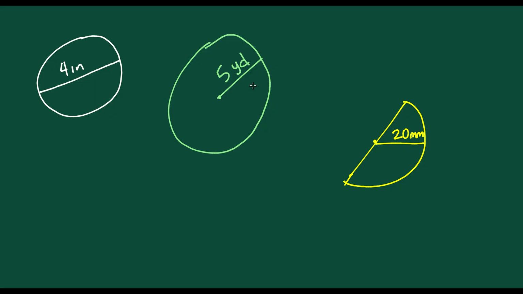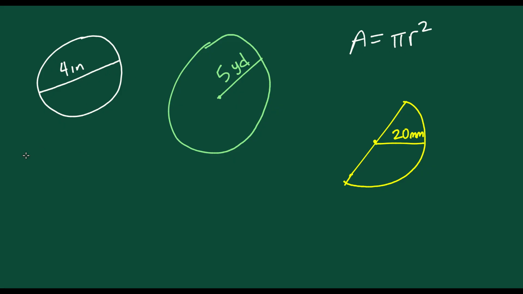Let's figure out their areas. Remember, area for a circle is pi r squared. For this first circle, if it's 4 inches across, so the diameter is 4 inches, what would the radius be? Because we need radius, not diameter. Well, the radius would be half of it. So radius is 2 for this first sample.